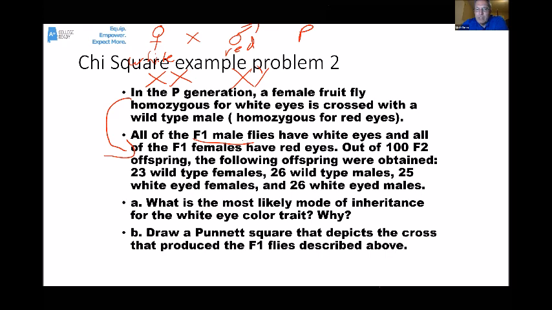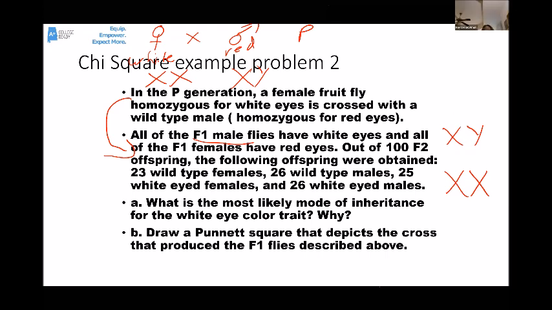So these F1s down here, the males, they end up with white eyes, but the females end up with red eyes. So this male, where did his X chromosome come from? Where does a male get his only X chromosome?